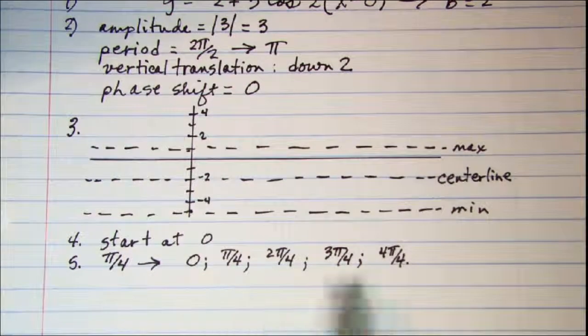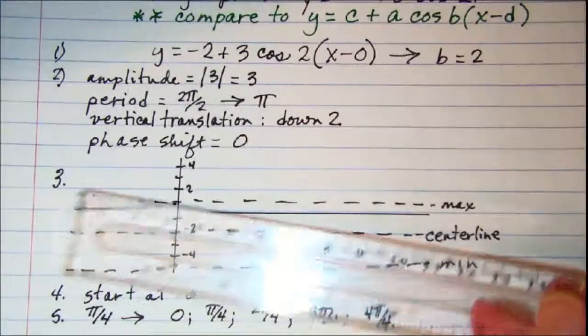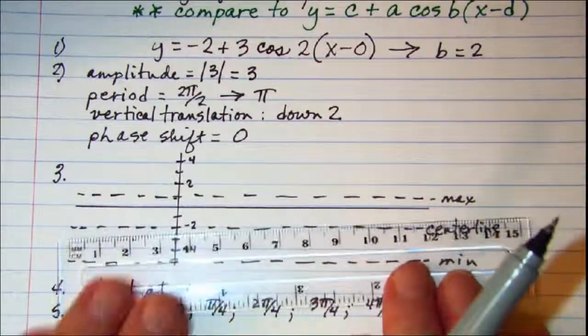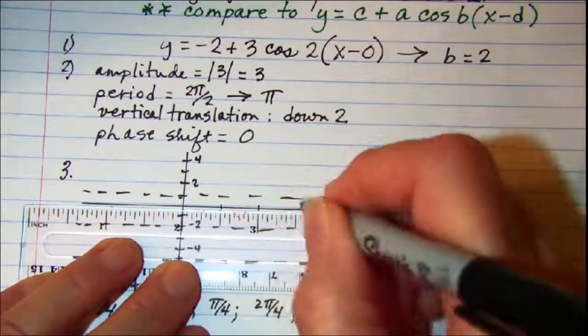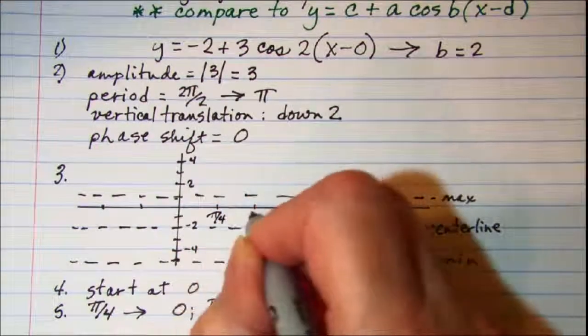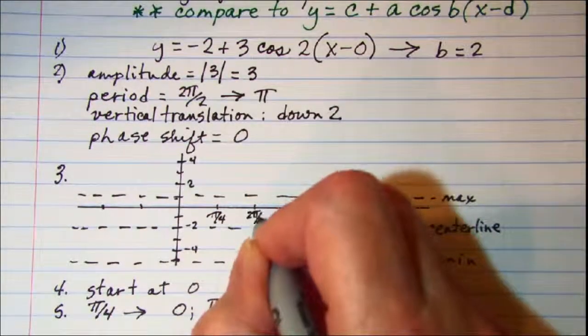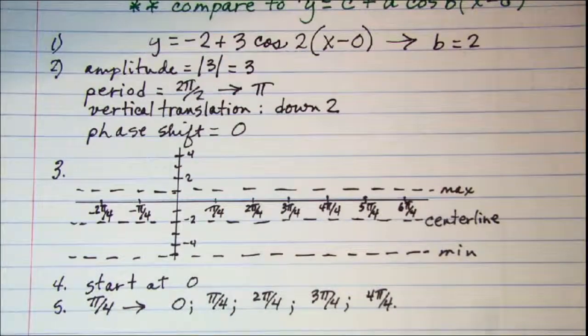So this will be one period. I'm going to label my x-axis, but I'll be plotting around the center line. So it looks like I'm ready to graph.